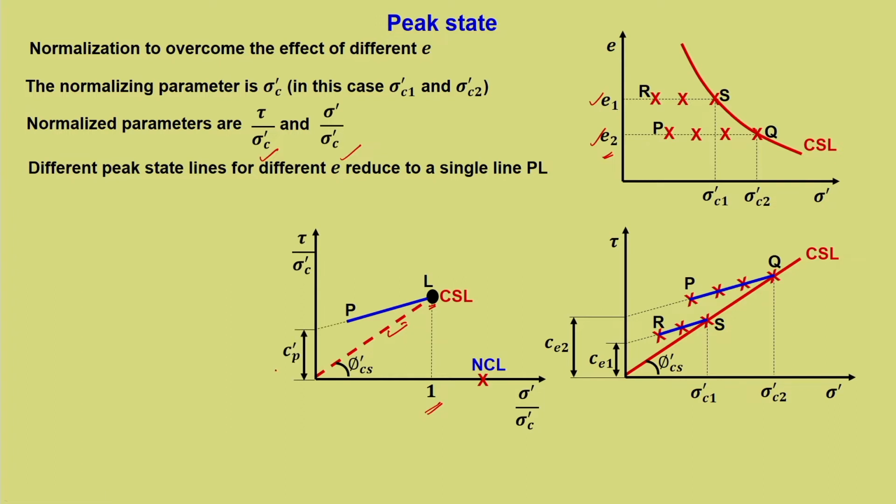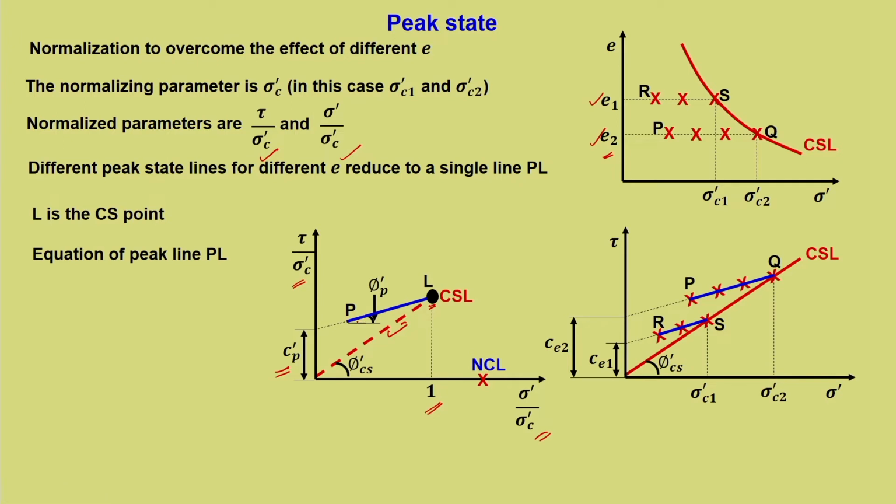So, this parameter C dash P is a normalized parameter and phi dash P is the inclination of the normalized plot. Rather, phi dash P will be same as this plot as well, because it is only a division by sigma dash C. So, L is the critical state point where it merges on the critical state line.